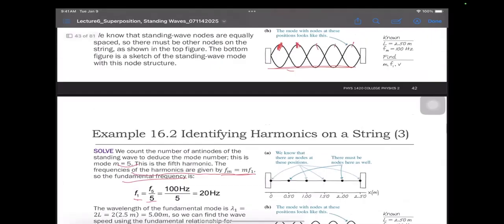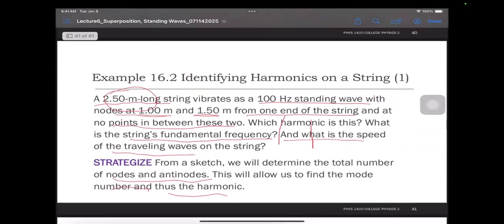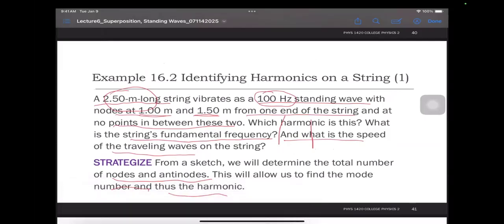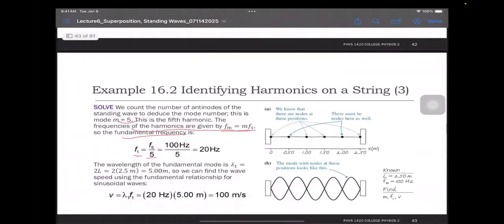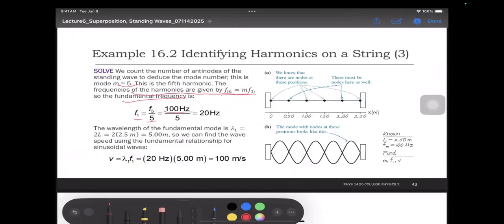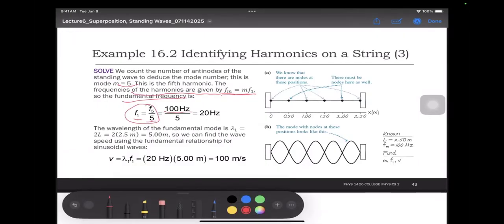Here we know f5. The question gives us 100 hertz, which means the harmonic frequency is 100. Based on this, we can calculate the fundamental frequency, which is 20 hertz.